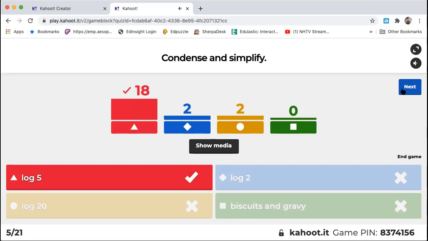So the 2 moves up to square the 5. Remember, the 1/2 is really taking the square root of 25.